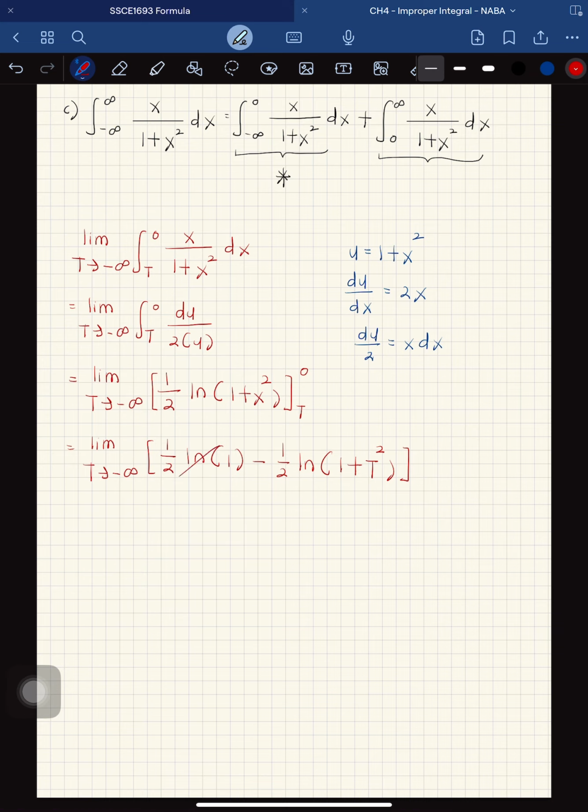Obviously ln 1 equals 0. This is the graph for ln. So as t squared approaches positive infinity, ln infinity, the answer is infinity, so it diverges.